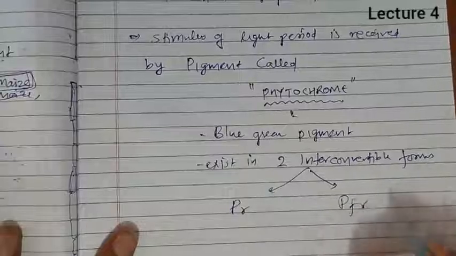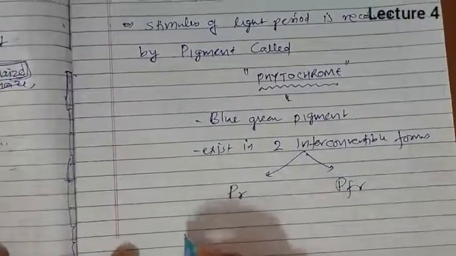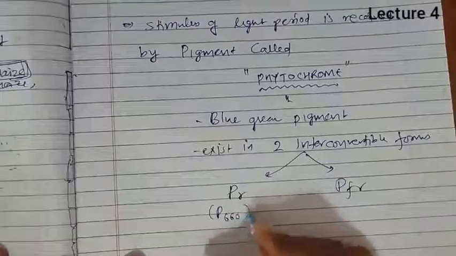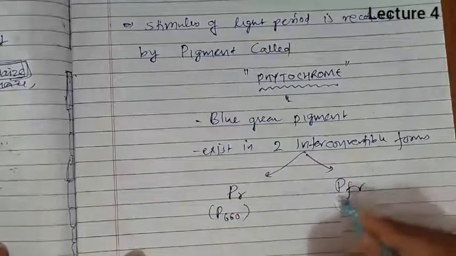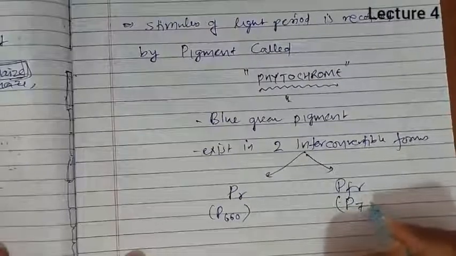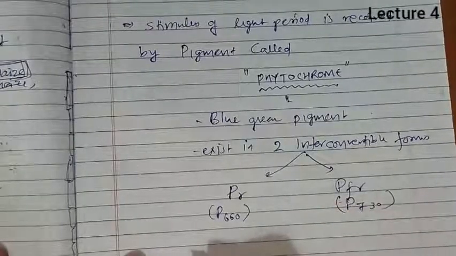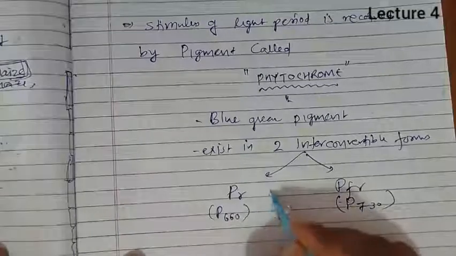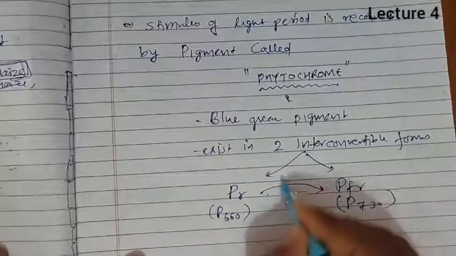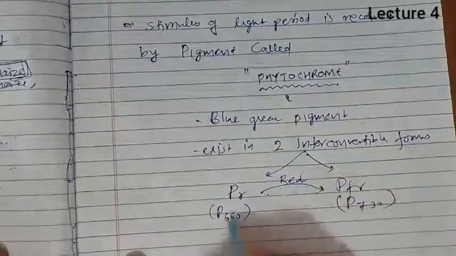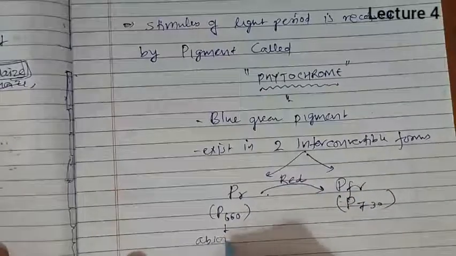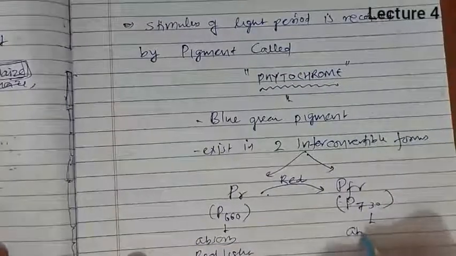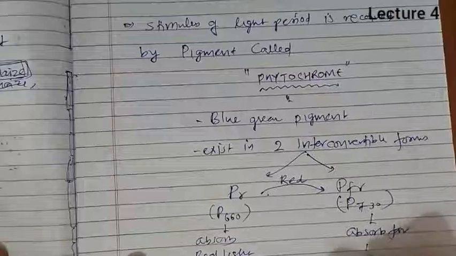That are PR and PFR. Now PR is also known as P660 and PFR is also known as P730. Means PR converted into PFR by absorbing red light, because PR absorb red light and PFR absorb far red light.